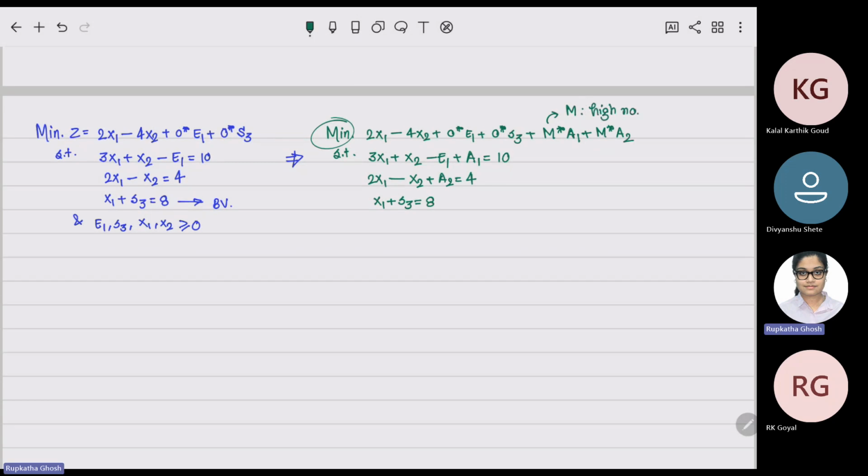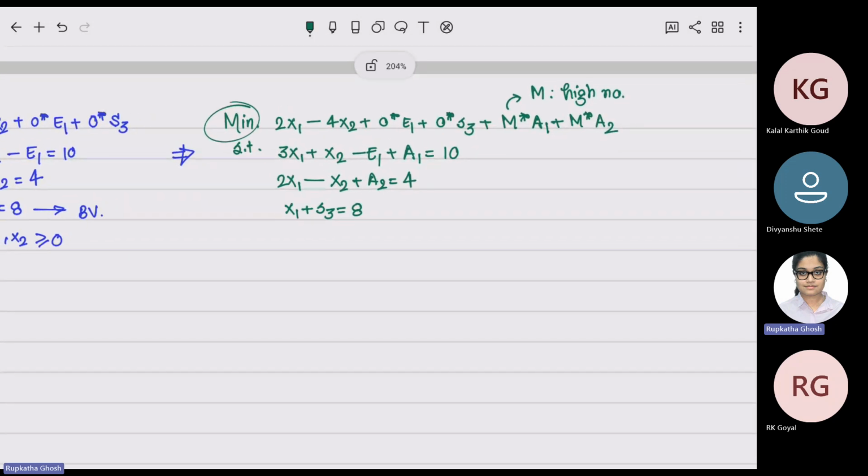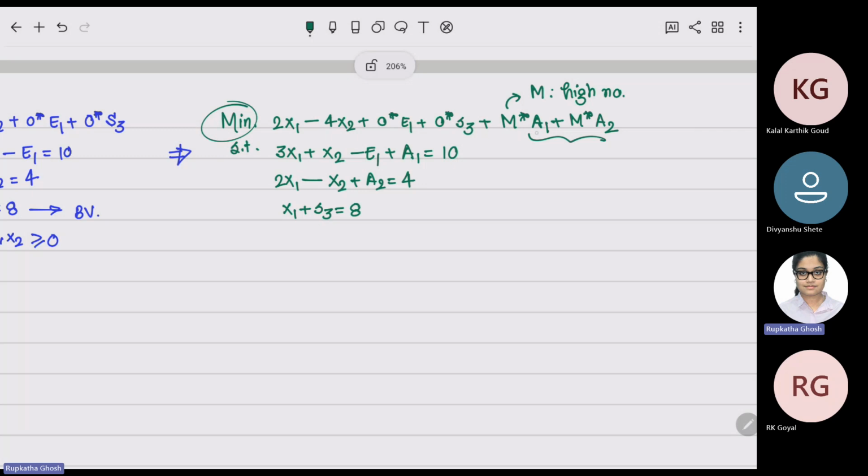Usually if it is a high number, A1 and A2 will drastically reduce. Since these are artificially introduced basic variables, they should be eliminated in the final iteration or solution.